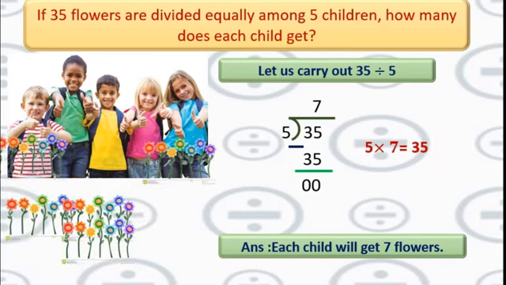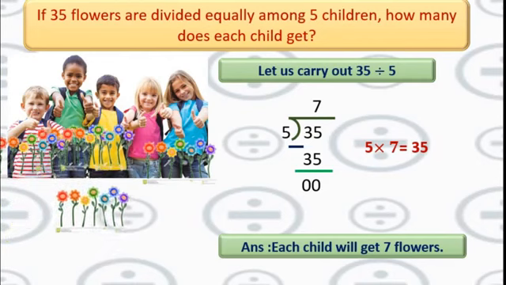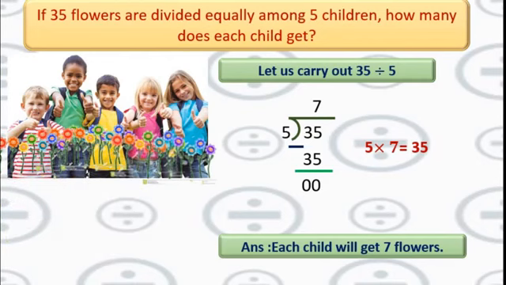One child, second one, third, fourth, and these last 7 flowers to this girl. Okay? We have solved all the 3 sums of last year. Isn't it?